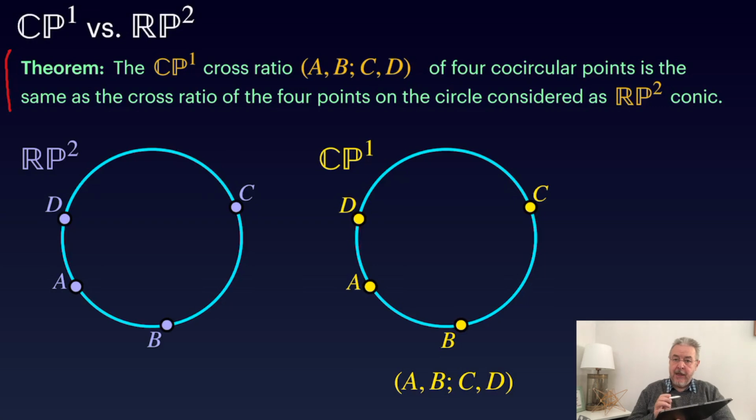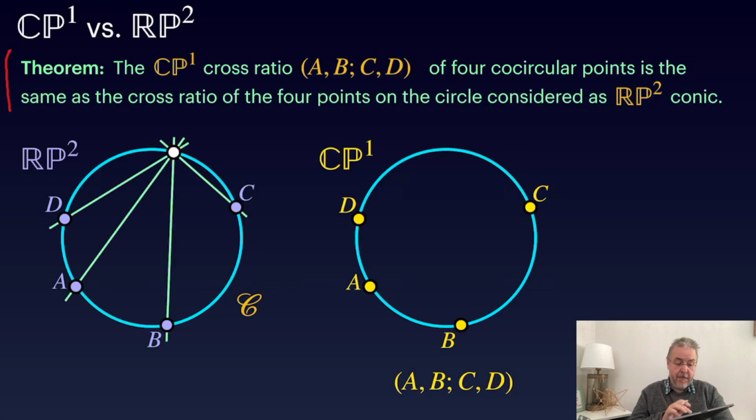We learned that these points must either lie on a line or they must be on a conic, and if they are on a conic, we get a well-defined term of the cross ratio of 4 points on a conic by the following trick. We consider the circle here as a conic.